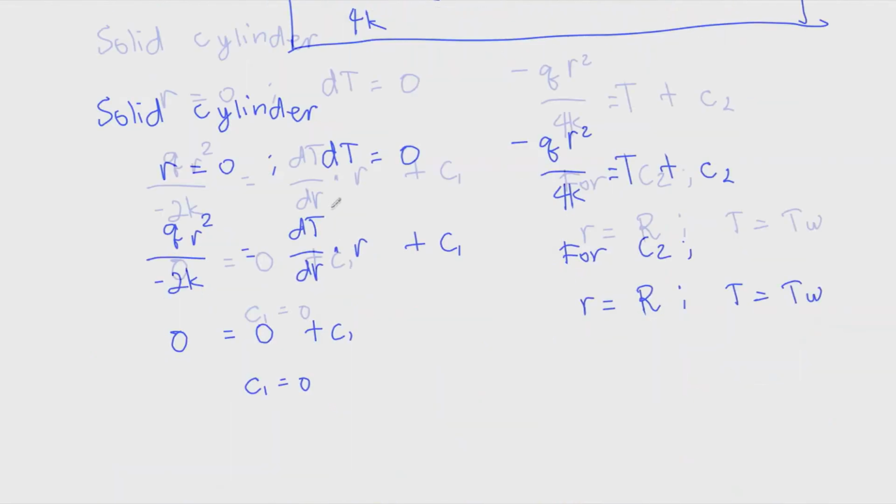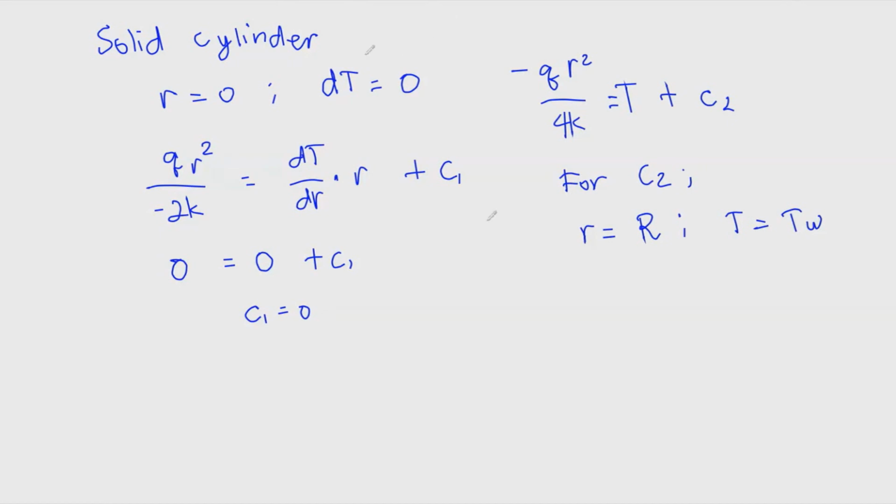So substituting that into our equation, what we get here is negative q and then capital R squared over 4k, that is equal to Tw plus c2.